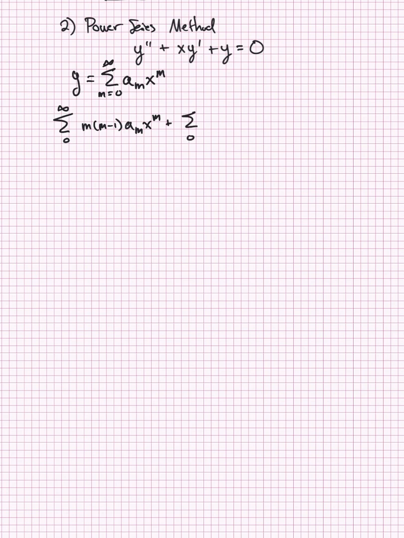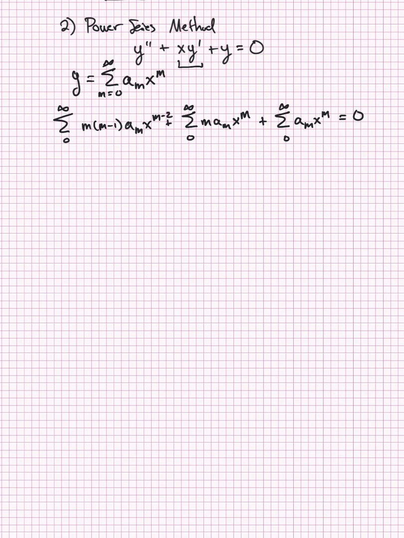Then we get just x times this, so we're getting m times this coefficient x to the m. Okay, so it's not x to the m minus 1 because I have an x there. And then another sum, am x to the m, and this has to be 0.